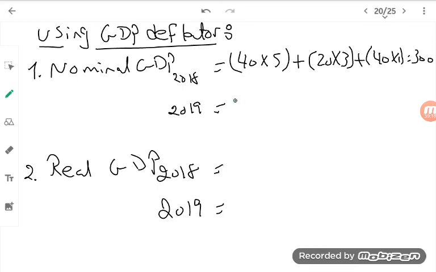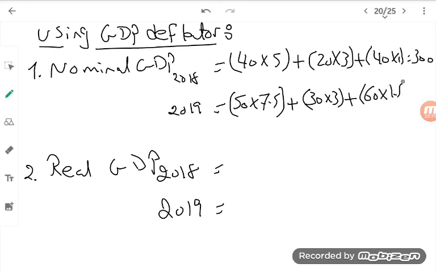In 2019, it's going to be 50 multiplied by 7.5 plus 30 multiplied by 3 plus 60 multiplied by 1.5, and this is 555.